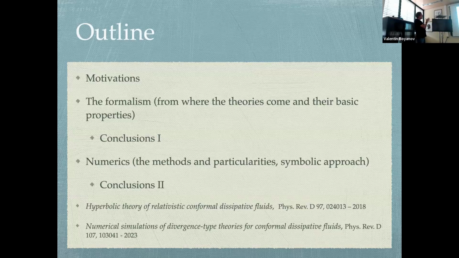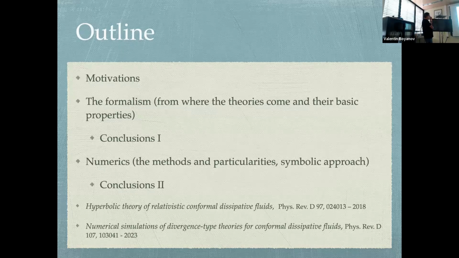So we are going to conclude about the analytical part, and then I'm going to spend some time on the numerical part, which took a while for us to really evolve these equations numerically, but now we think that we have some success. The field is getting mature enough to be able to use these equations for astrophysically relevant situations.